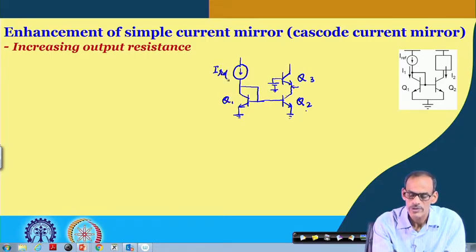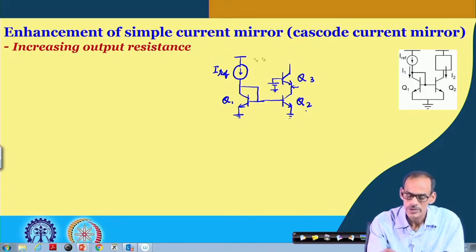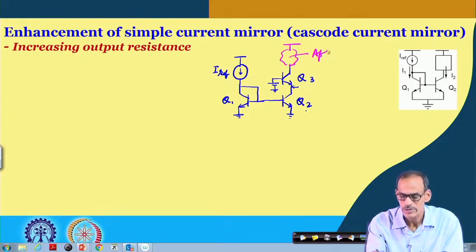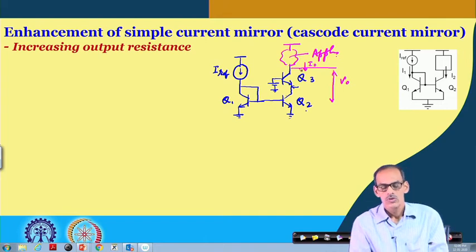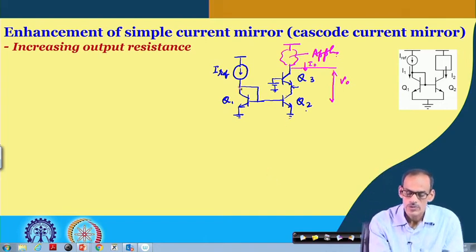We have I ref, then this is connected to VDD, and then we have the application circuit here. So, this is the application circuit, this is the output voltage, and this is the current flowing through this circuit. For this circuit, if you analyze it, it can be said that this output voltage has hardly any influence on the VCE2 voltage.